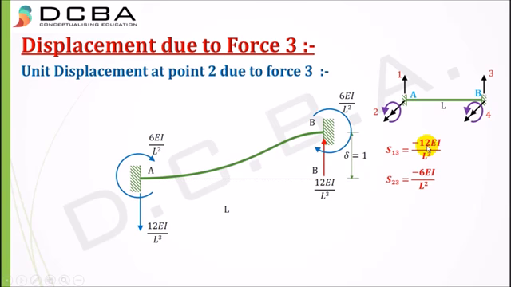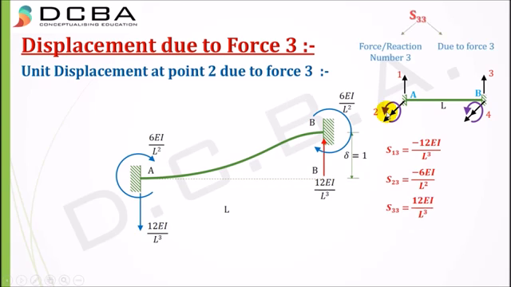S23 is minus 6 EI by L square. The second reaction is this moment, which has to be anti-clockwise, but here as you can see it is of clockwise nature, and its magnitude is 6 EI by L square. Hence it is minus 6 EI by L square here, as it is not conforming with our positive directions.